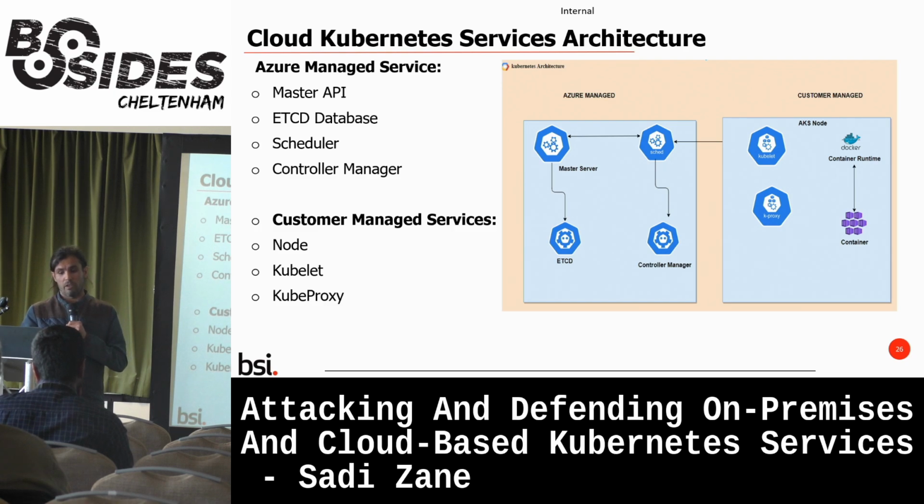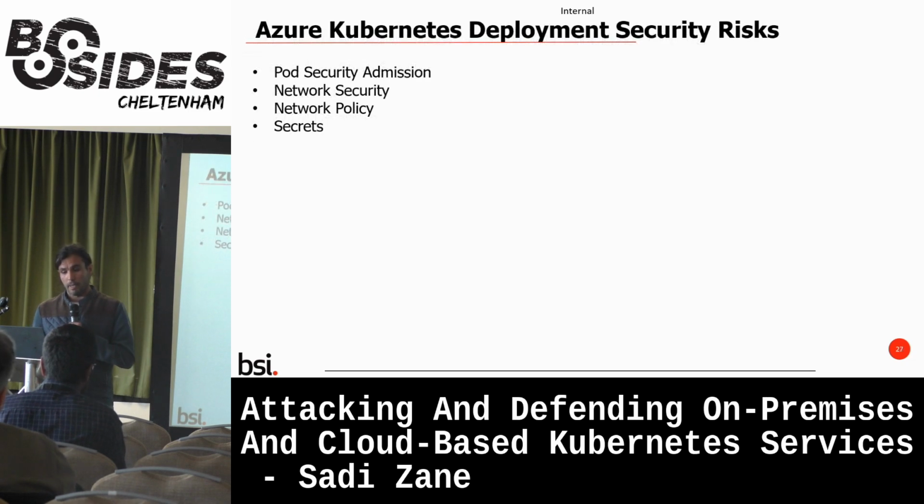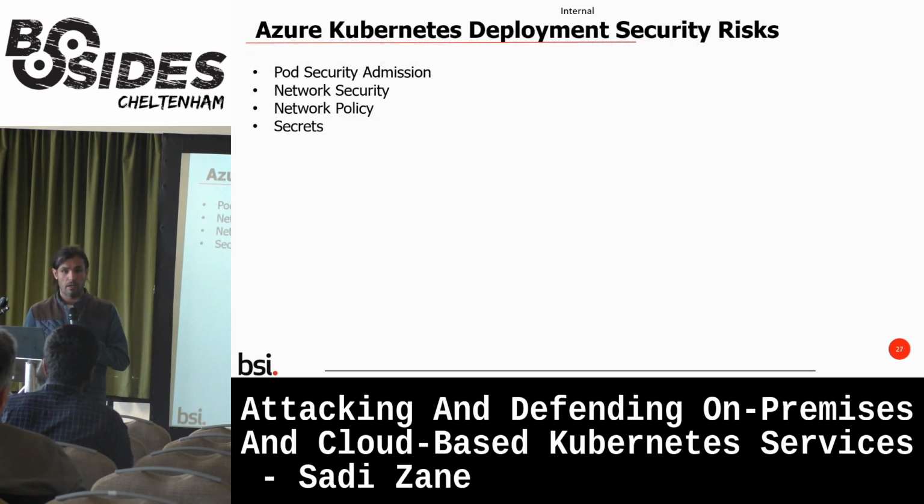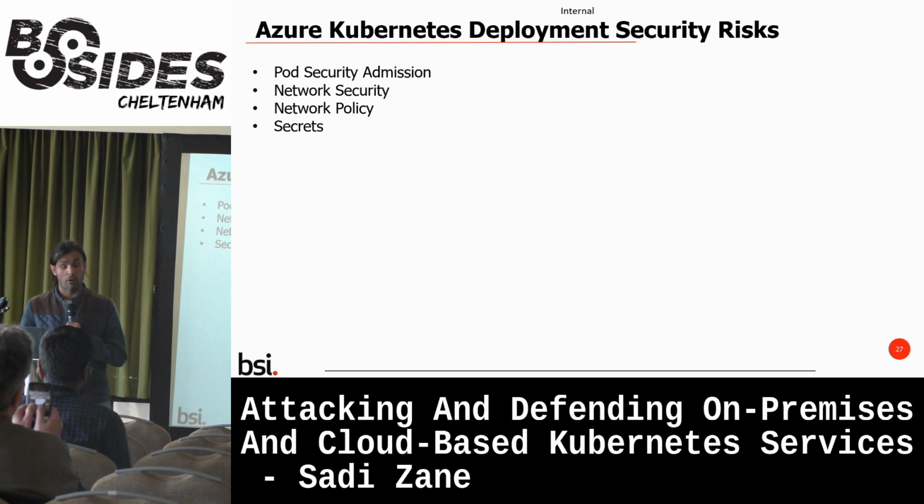So I'm going to look at some of the default security concerns with Azure environments. Most of the clients I work with seem to be failing on the following. One is Pod Security Admission, PSA.